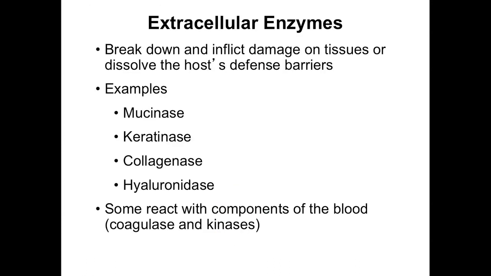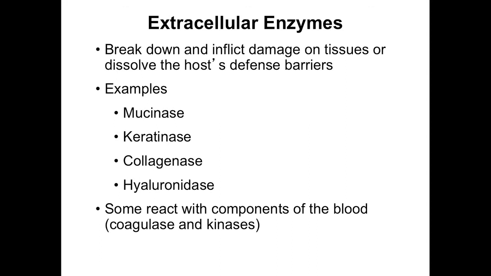Extracellular enzymes break down and inflict damage on tissues or dissolve the host defense barriers. Mucinase breaks down mucus. By breaking down mucus, it stops the mucus from doing its job, which is to slow the microbe down. Keratinase breaks down keratin. You break down keratin, you get through the skin. Collagenase breaks down collagen.